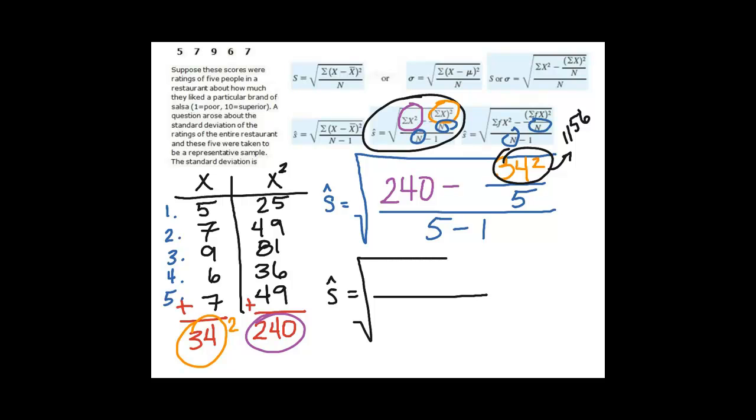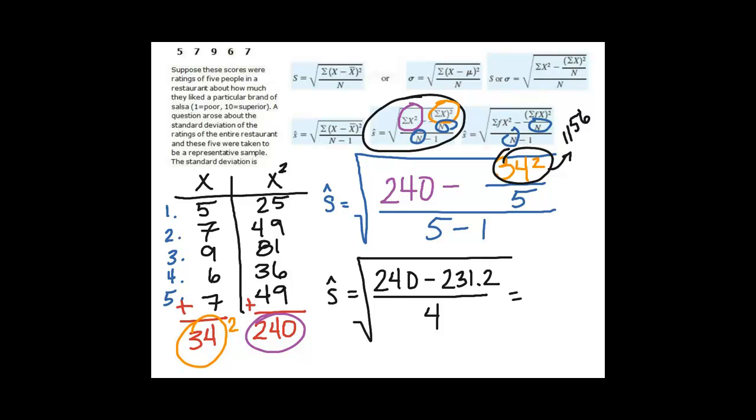So my S hat should now look like 240 minus 1156 divided by 5, which gives me a nice number, 231.2, all over 4.